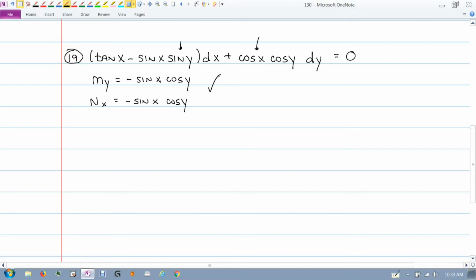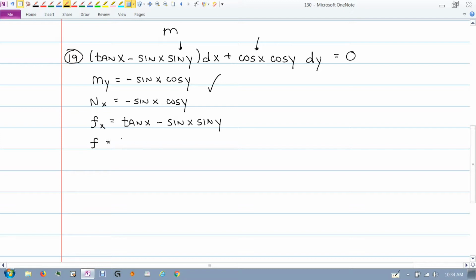It's an exact equation. So now we can write that the partial of f with respect to x is the M, which is tan x minus sine x sine y. Integrating with respect to x, we have to take the antiderivative of tangent of x. There are formulas for the antiderivatives of the six regular trigonometric functions.